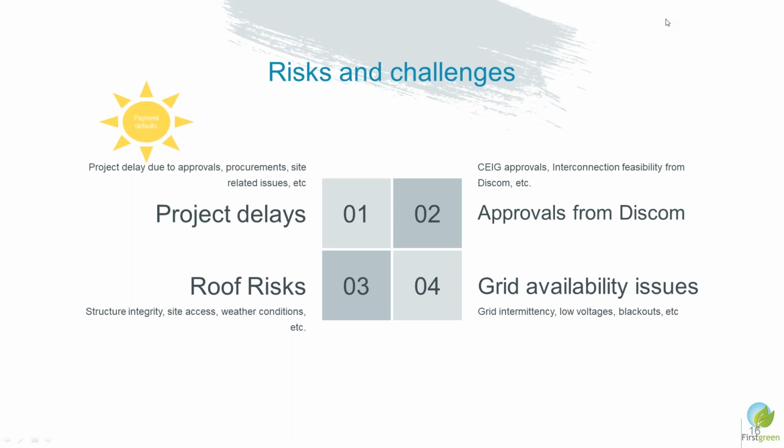The grid availability is also considered a big risk to a solar project. The reason is that typically C&I projects are grid connected solar projects. As long as the grid is available, it will generate electricity. If the grid is not available, it will not generate electricity. So grid related issues hamper the profitability of the developer or the generator.